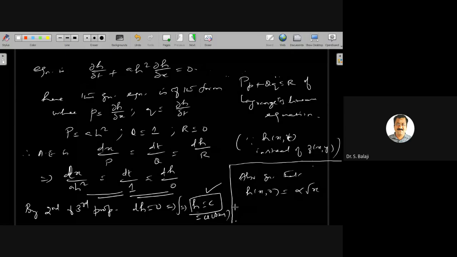Therefore, h is equal to c implies h of x comma t is equal to c, which implies h of x comma 0 is also c, which implies alpha root x is equal to c. Therefore, c is equal to alpha root x.